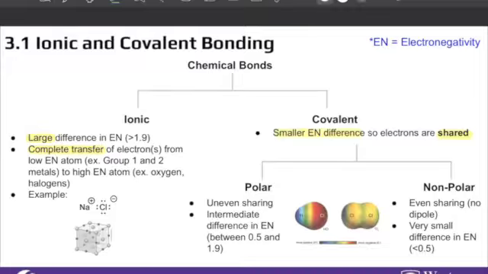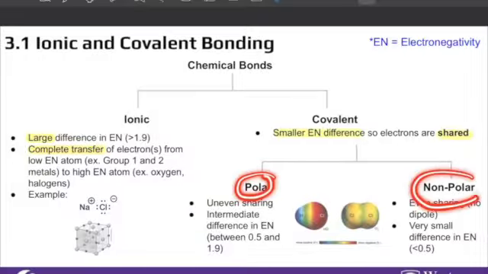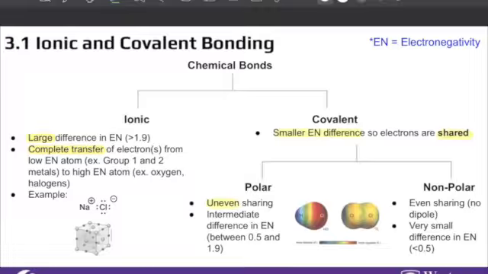Now, the details of this sharing give us our two subcategories, which are polar covalent bonds and nonpolar covalent bonds. With polar bonds, we have an uneven sharing of electrons between the two atoms. And with nonpolar bonds, we have an even sharing of electrons. Basically, the electrons are perfectly evenly distributed between the two atoms.